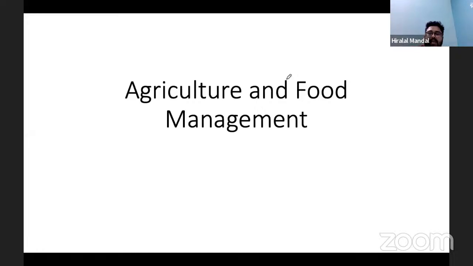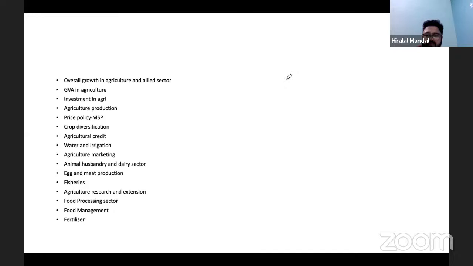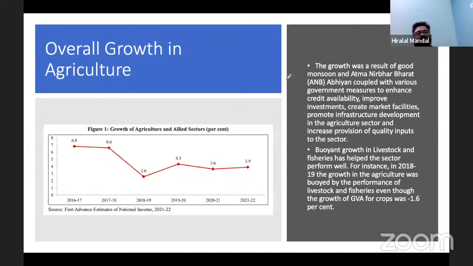When we look at agriculture and food management, we look at the various aspects of it. If you look at overall growth in the agriculture sector, it shows a good sign at least. During the coronavirus period, agriculture growth in the country was able to touch 3.6% in 2020-21, and in 2021-22 its growth is 3.9%.